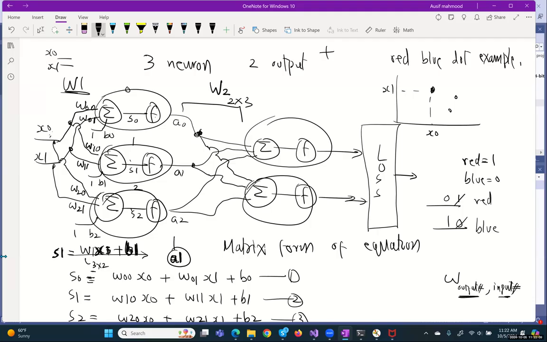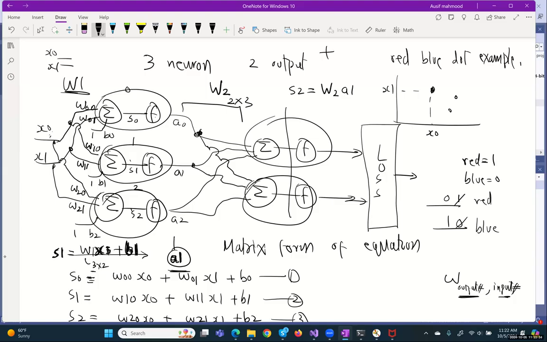Okay. Can you now give me the equation if I call this S2? What will be the equation in terms of this A1 over here? Because A1 is feeding as a vector to the second layer. So you can see this will be W2 times A1.